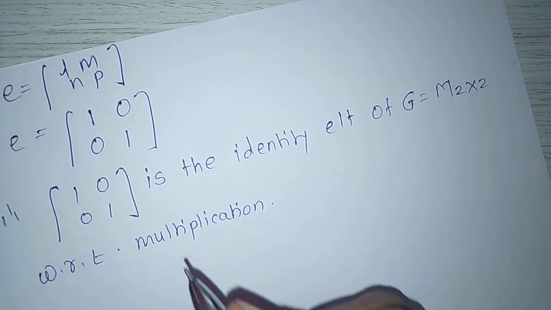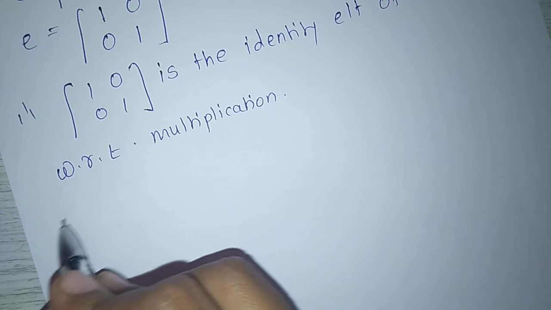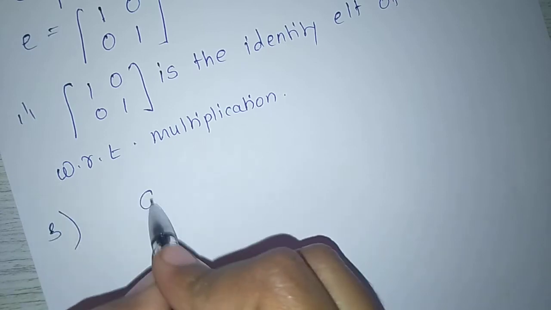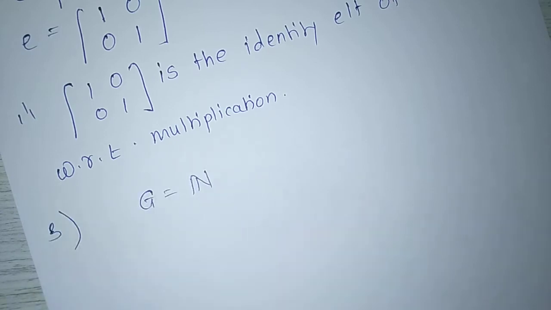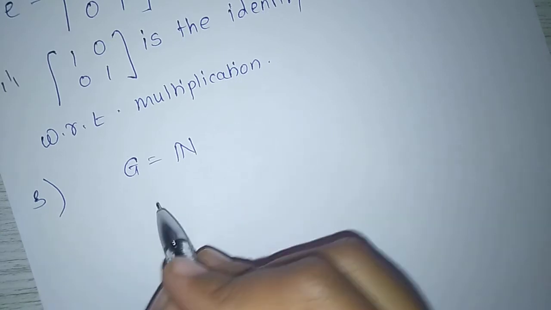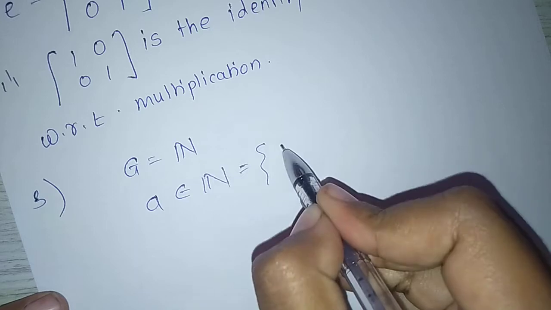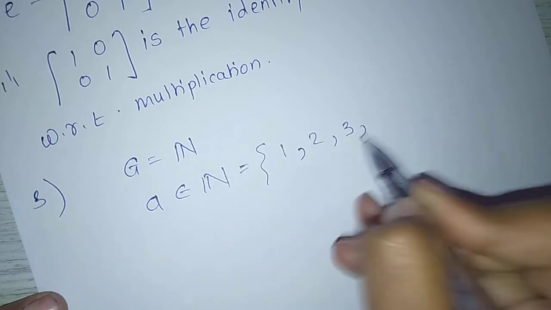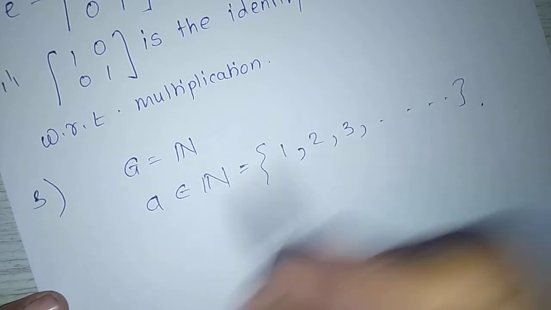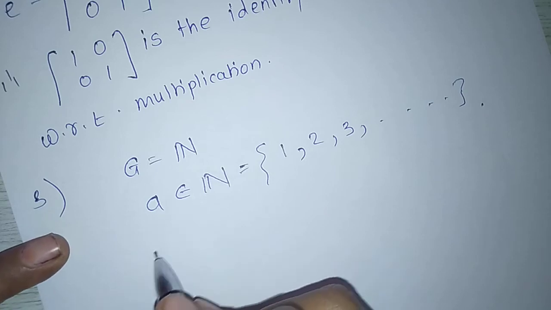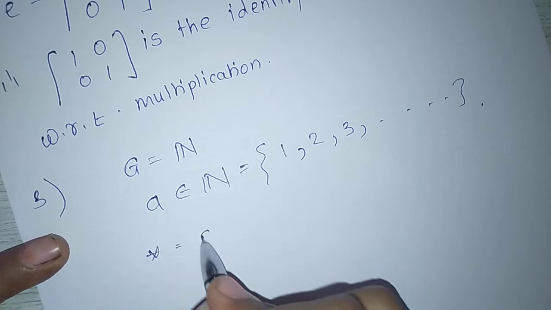Next example, G equal to the set of natural numbers. Here a belongs to natural numbers, the set 1, 2, 3 and so on, and the binary operation star is addition.